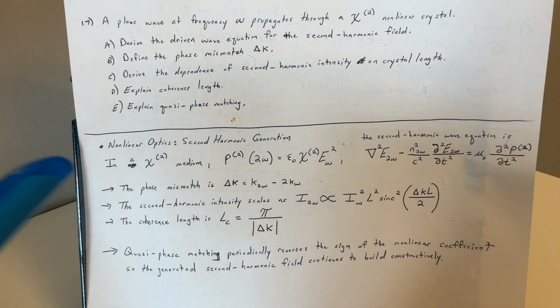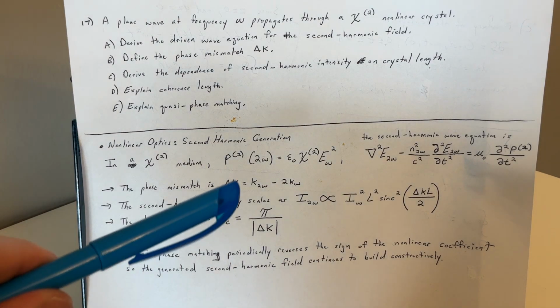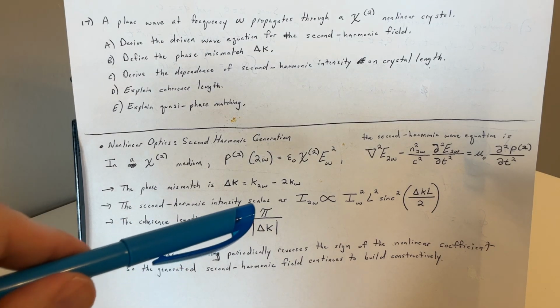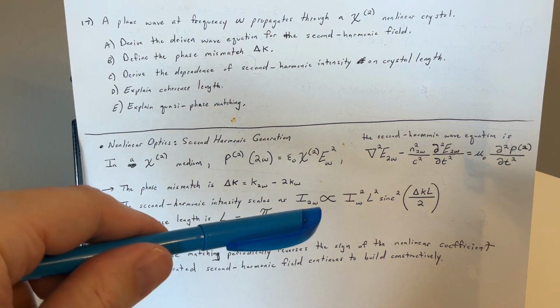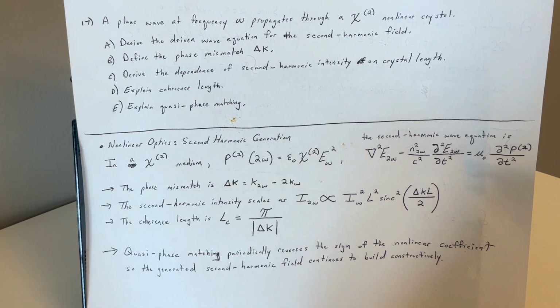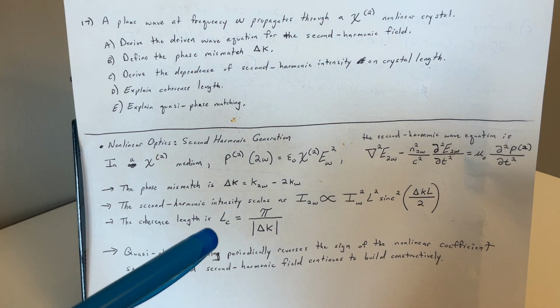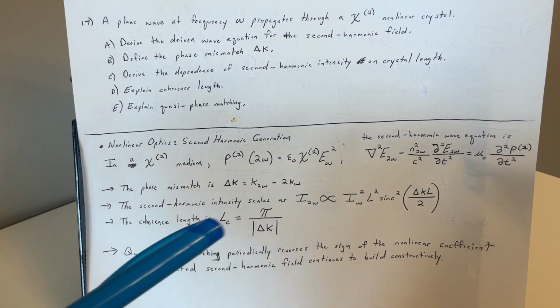Moving forward here, the phase mismatch delta k is k sub 2 omega minus 2 k sub omega. The second harmonic intensity scales as I sub 2 omega proportional to I sub omega squared L squared sinc squared of delta k L over 2. The coherence length is L sub c equals pi over the magnitude of delta k.